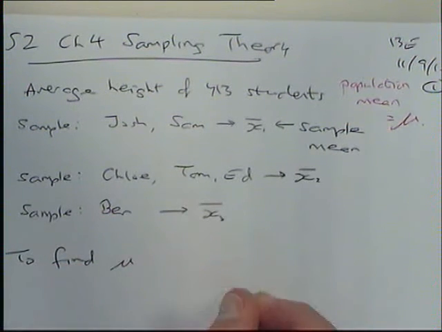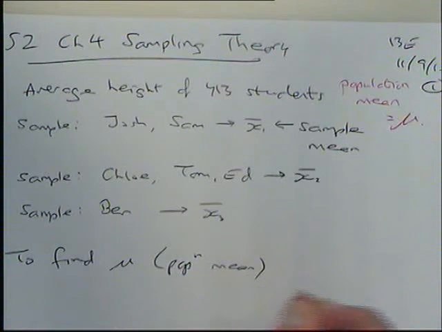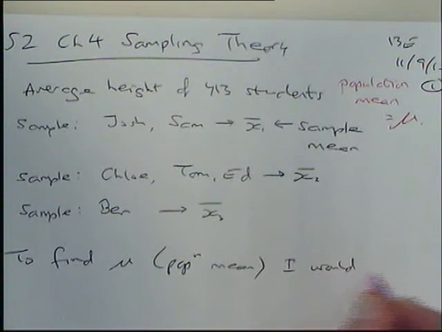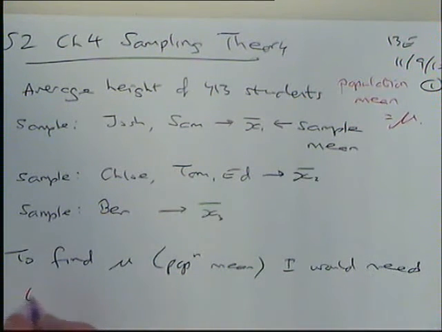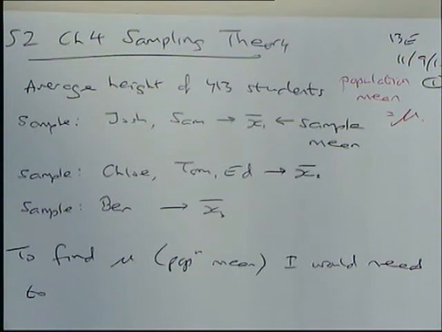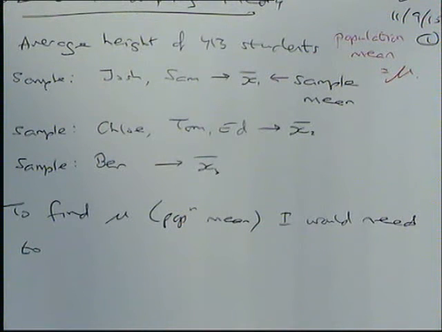To find mu, the population mean, what would I need to do? There's only one answer for this, and it's an unpleasant answer in some ways. Yeah, I would have to measure every single member of year 13.